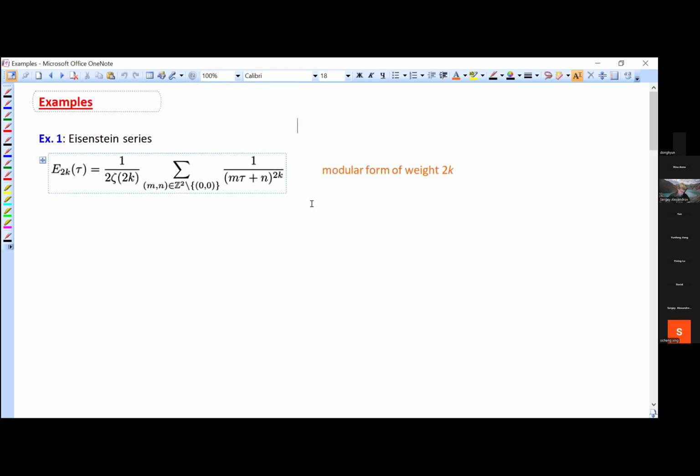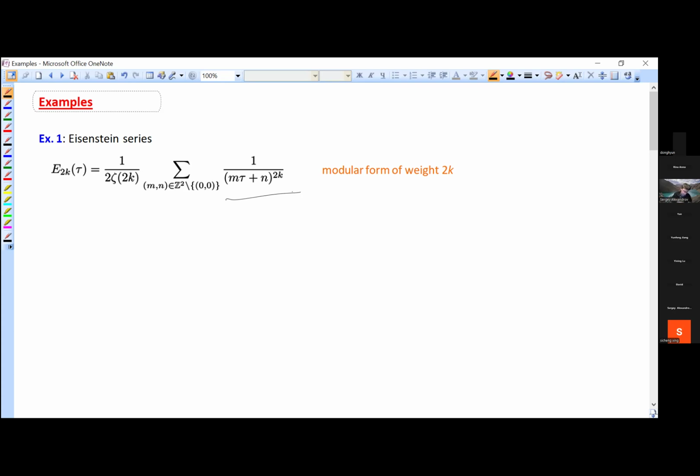Maybe the most simple example of a modular form is the so-called Eisenstein series, which is defined as a sum over all pairs of integers of this standard factor, 1 over m tau plus n, and it's very easy to see that it's a modular form. Why?